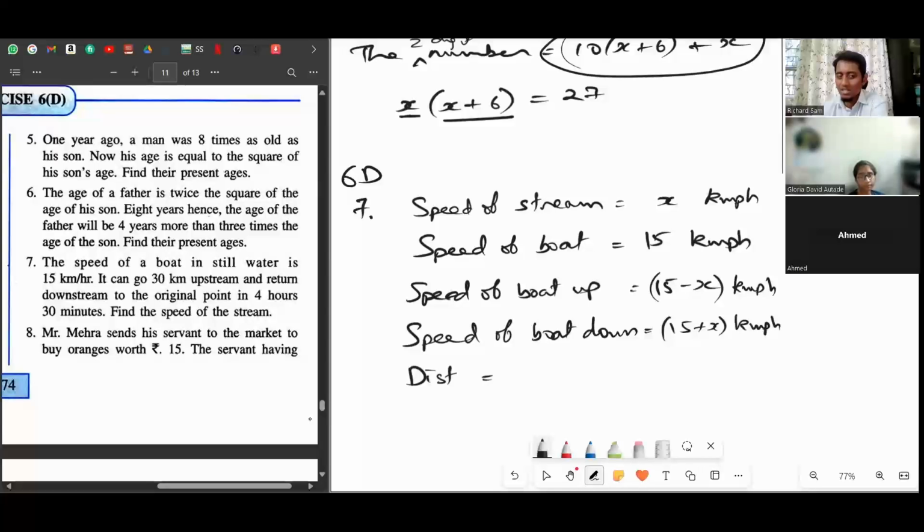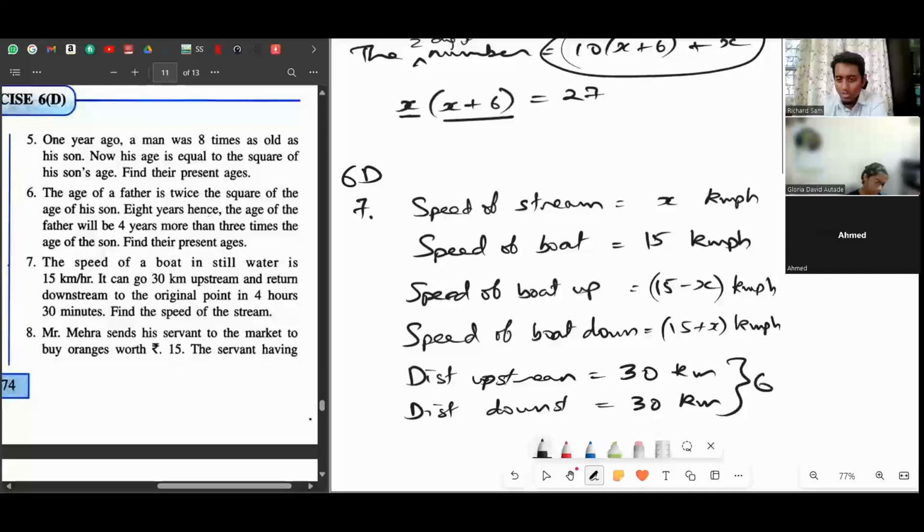So distance upstream is 30 kilometers. And distance downstream is the same, 30. The total distance will be 60 kilometers.